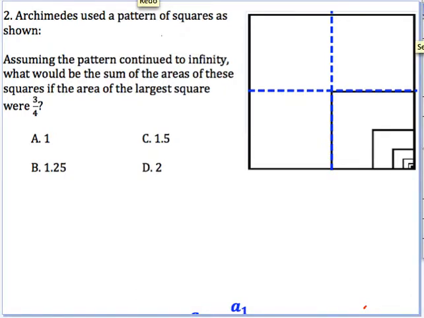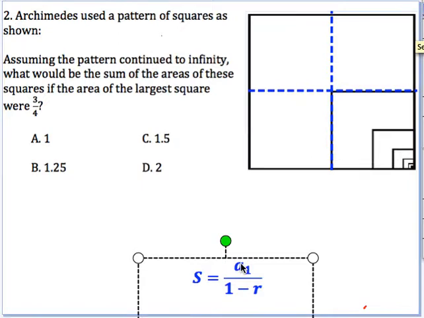And I know that my first term is 3/4, so I'm looking for a series. Assuming the pattern continues to infinity, what would the sum of the areas be? So I'm looking for the total amount of all the squares all the way down here to infinity.